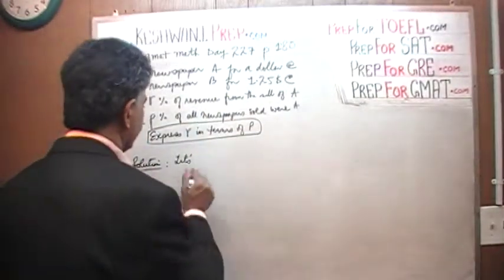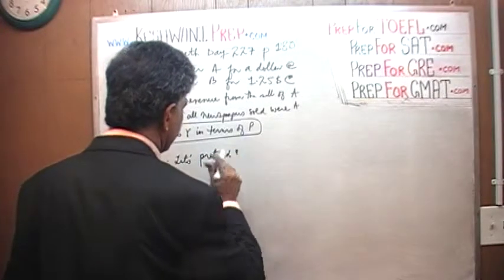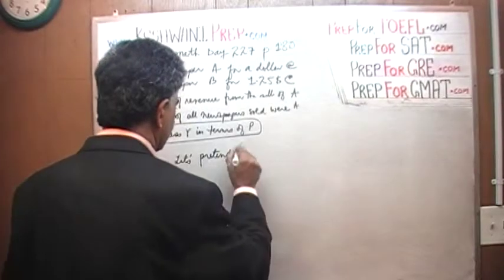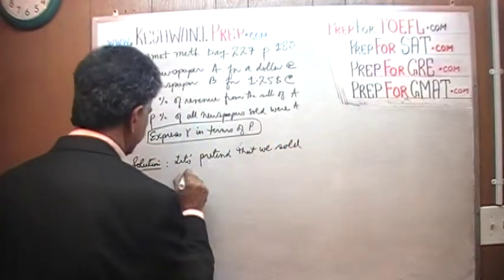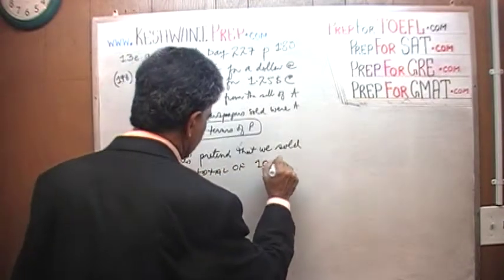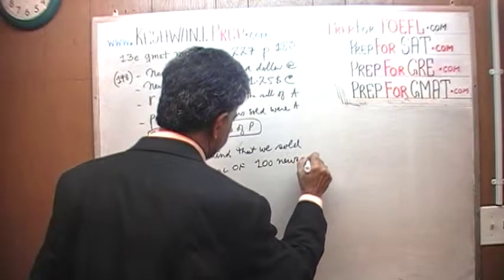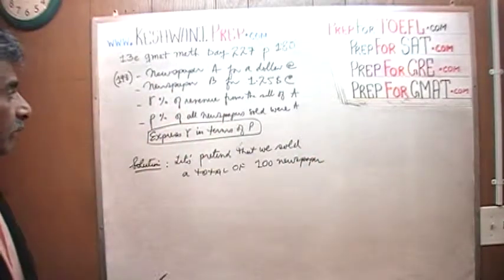For example, here, let's pretend that we sold a total of 100 newspapers. A total of 100 newspapers we're pretending that we're going to sell.